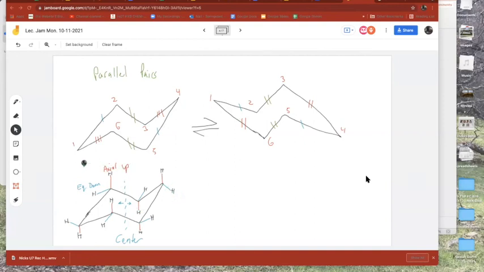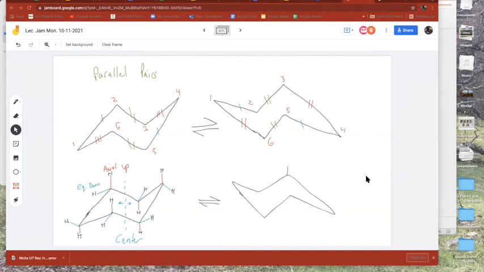All right, so let me do the chair flip of that, and then we'll pause for the day. See if I can draw another decent one. There we go, not too bad. So let me start with my axial again. I'm gonna go axial up here because it seems just obvious to me. It's the axial up there.